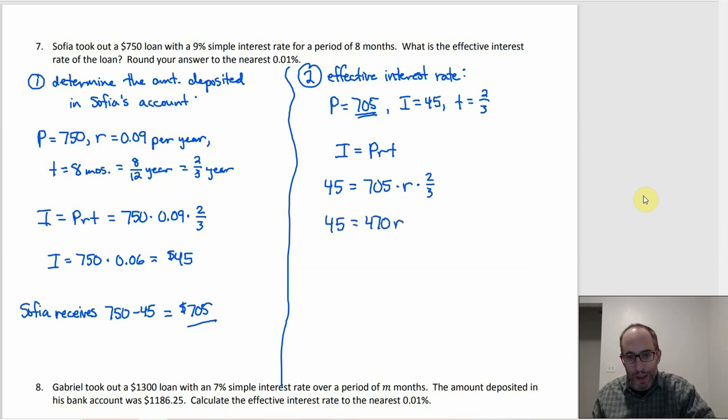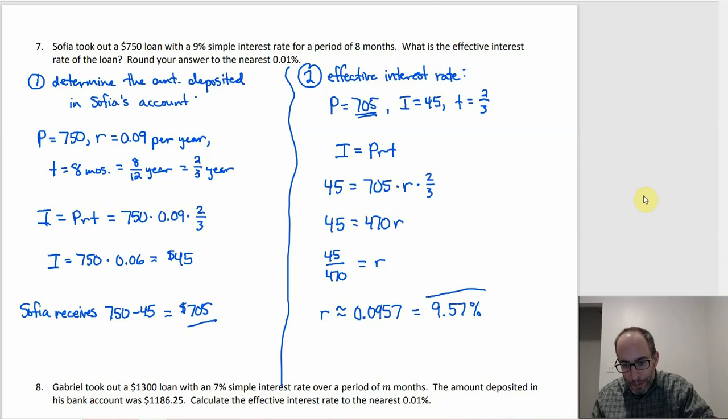And then if we divide both sides by 470, then 45 over 470 will be equal to R. So then R roughly, and this is a part where you have to use a calculator, it's about 0.0957, or to write that as a percent, 9.57%.